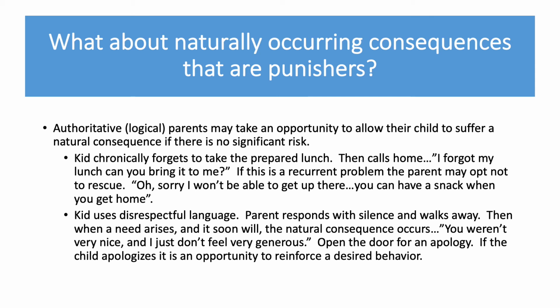So, for example, common problems like little kids hitting other little kids, their siblings. The natural consequence for that is you lose the privilege of playing with your sibling. And most of the time, not too long after the offense, they're going to want to play with their siblings. So that's a natural consequence.